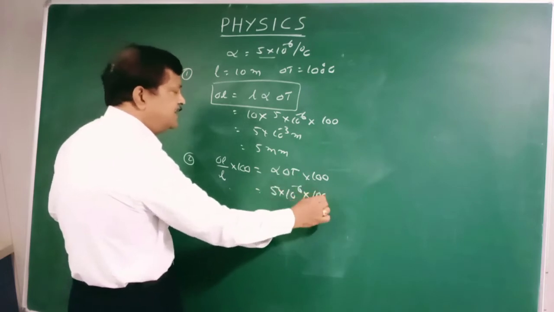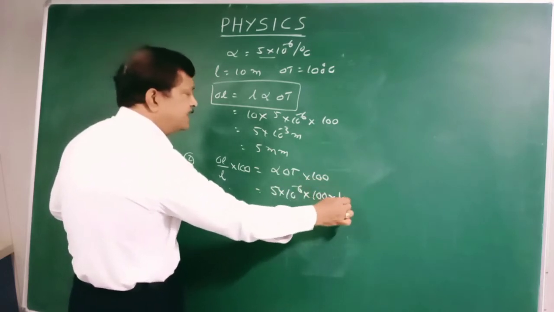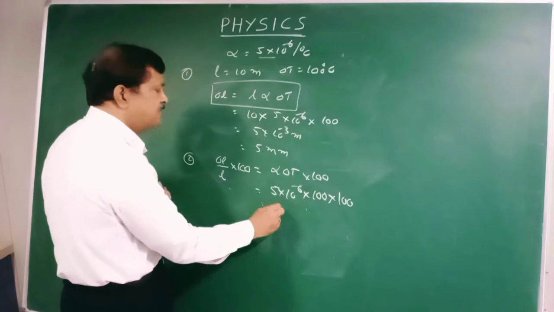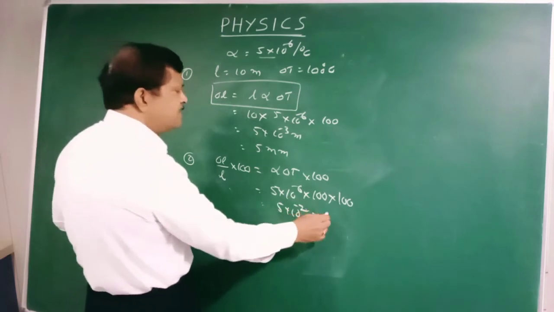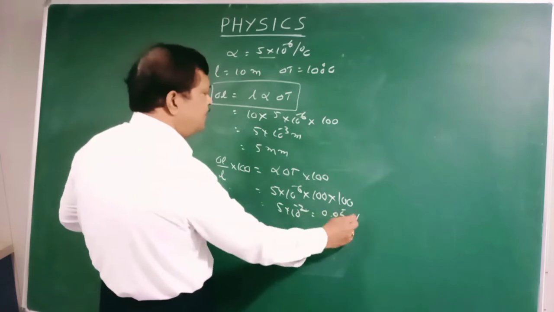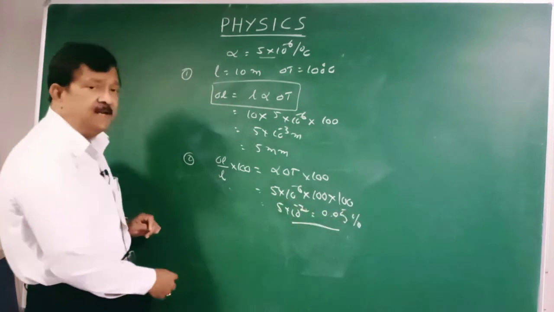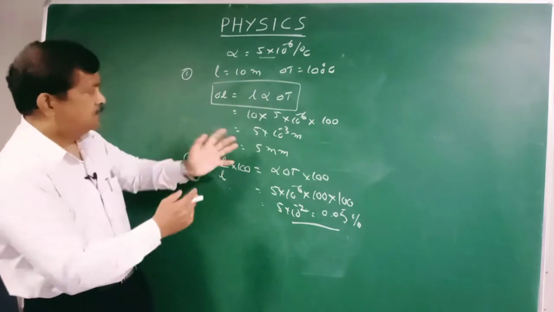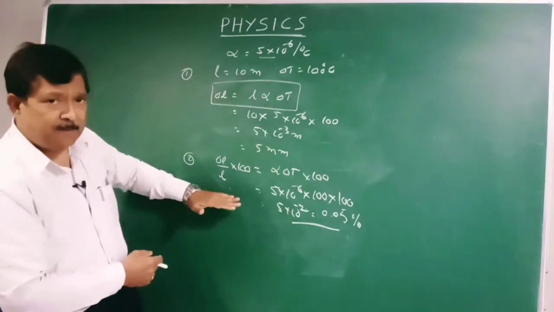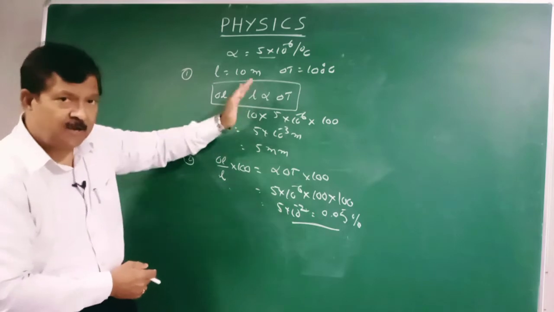Delta T, the change in temperature, is 100, and again there is a factor 100. So it is 5 into 10 power minus 2 percent. Otherwise it is 0.05%. That is the percentage change in the length of the body. So delta L and the percentage change in the length we have calculated.